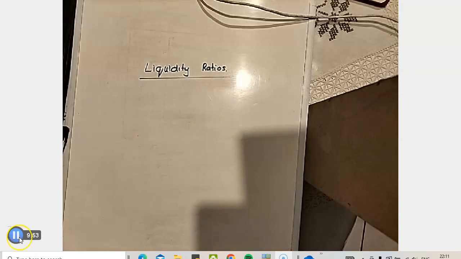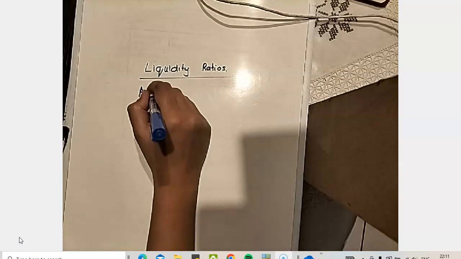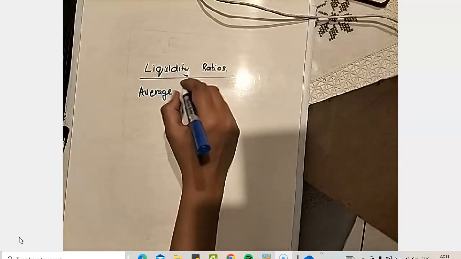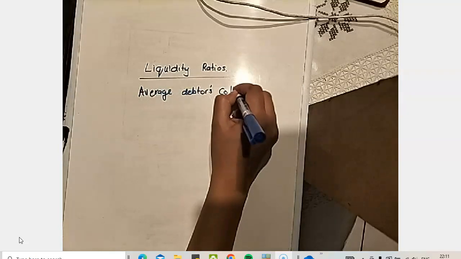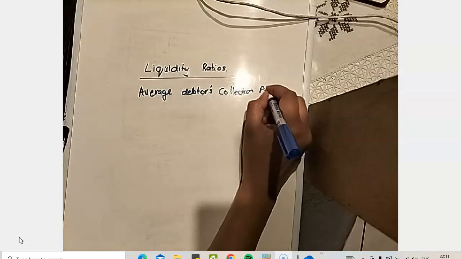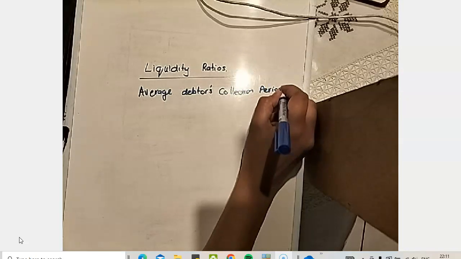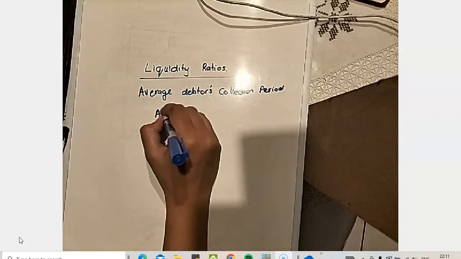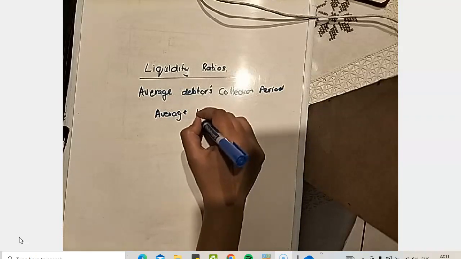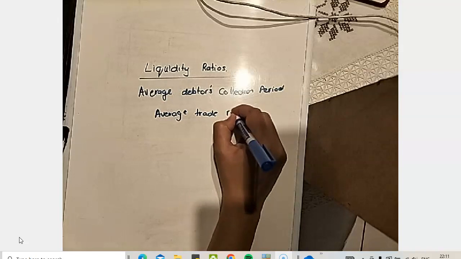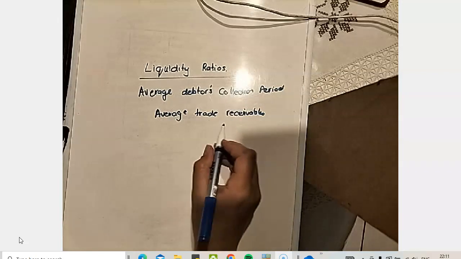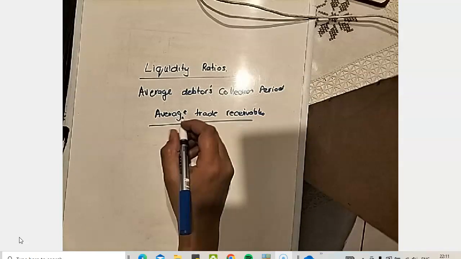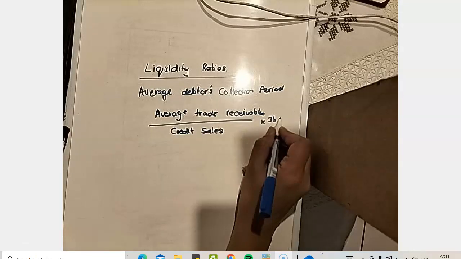Okay, if we look at the average debtors collection period. It means your average trade receivables over your credit sales times 365 days.